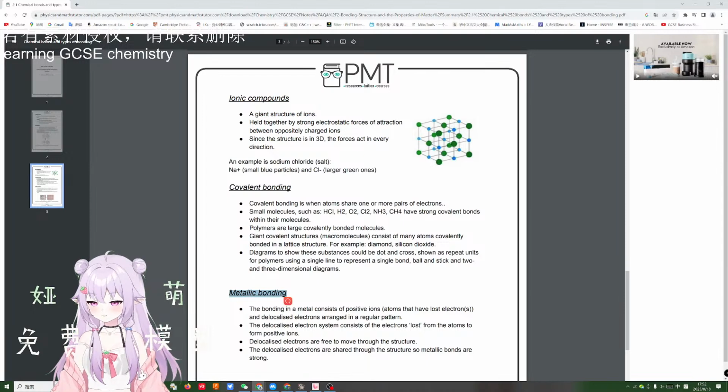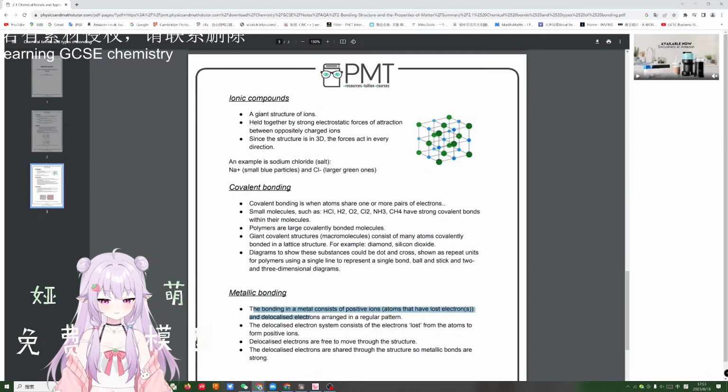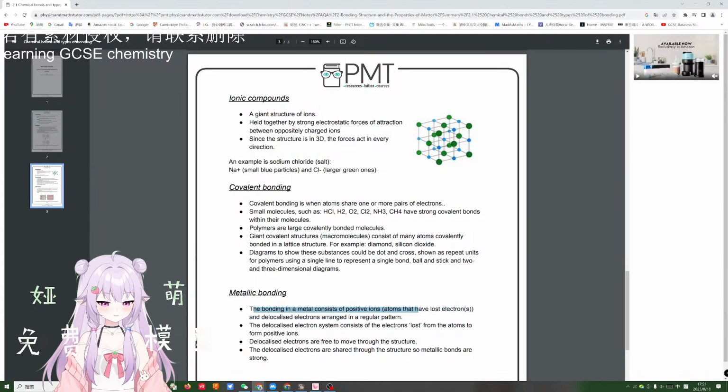And then we have metallic bonding. The bonding in a metal consists of positive ions and delocalized electrons arranged in a regular pattern.